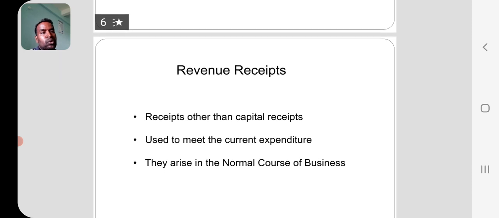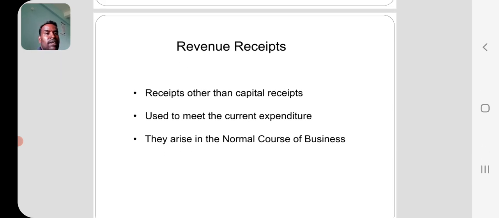Next, coming to revenue receipts. Receipts other than capital receipts are called revenue receipts, used to meet the current expenditure.